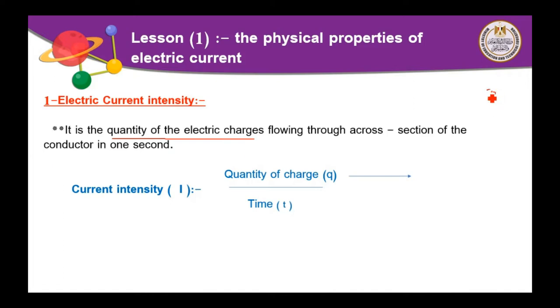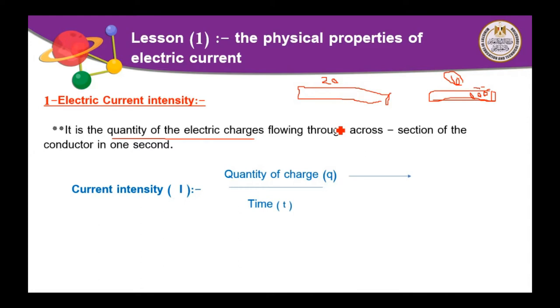When we have 2 conductors, as you see in front of you, one of them contains many electric charges, for example 10 electric charges, measured by coulomb. We can know the quantity of the charges, the measuring unit, after a period of time. So here the first conductor contains 10 coulombs. The second contains 20. Which of them has a greater amount of charges?